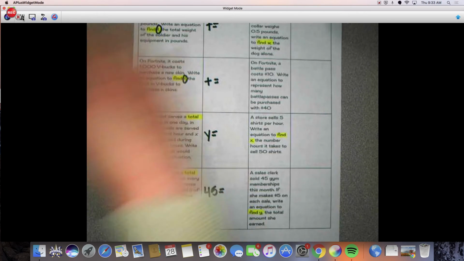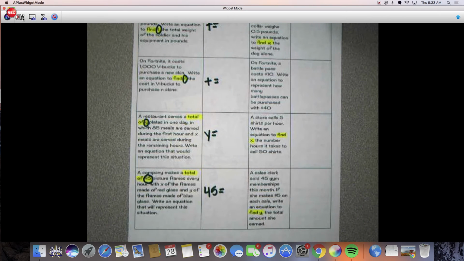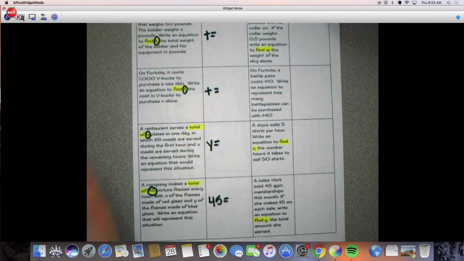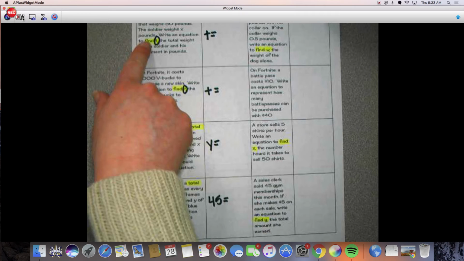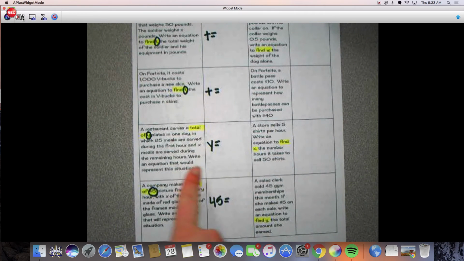I'm not going to do the right side for you because those are the you do problems that you'll do in a minute. But you see how it works. Wherever you had find T or total of Y, that's just telling you that that's going to be the blank equals. Whatever variable or number they give you, that's the start to your equation.